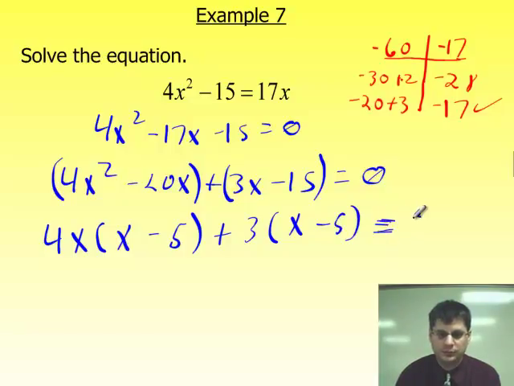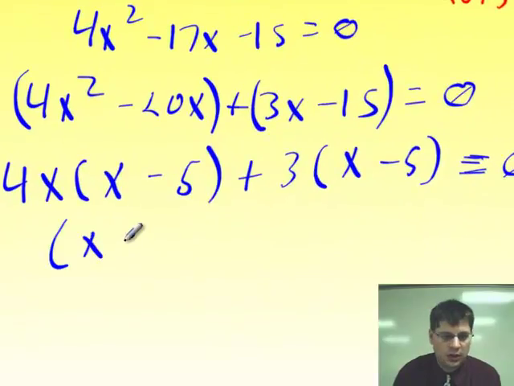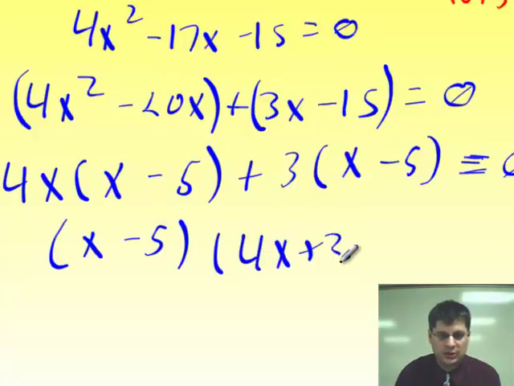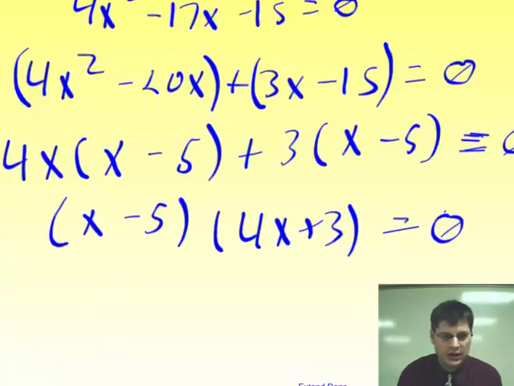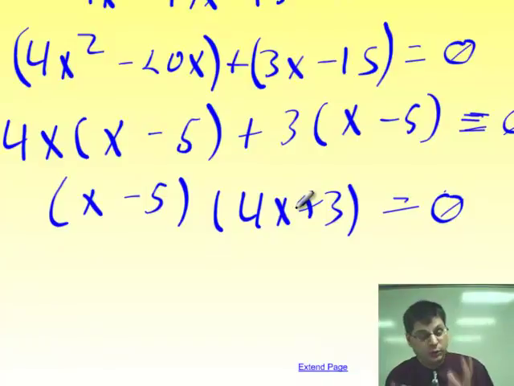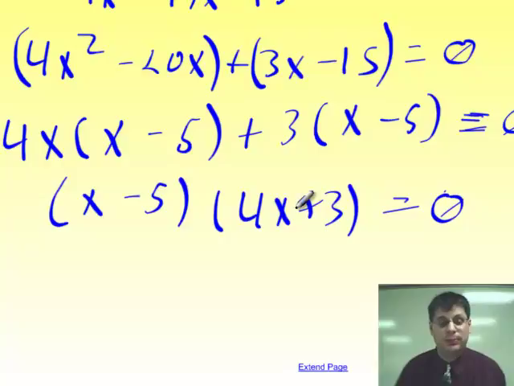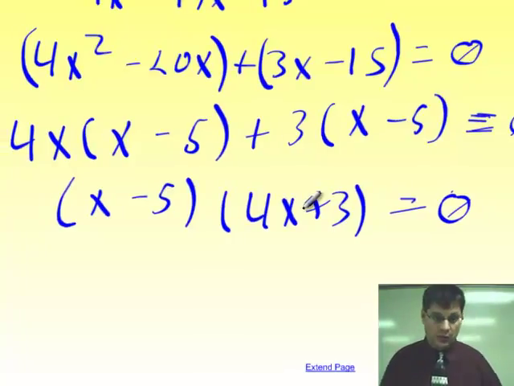Equals 0. I can factor out an x minus 5. Then I'm left over with a 4x plus 3 is equal to 0. Okay, so remember, one of these terms would have to equal 0 to get the whole equation to equal 0. Recall, I don't stop here, because I'm actually solving. So we don't just box this part in. We've got to figure out what x is in fact equal to. So I have to go all the way.